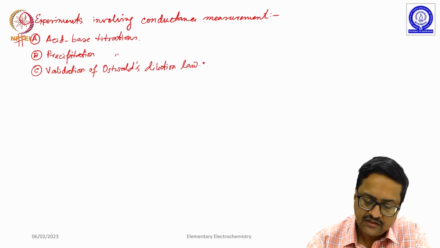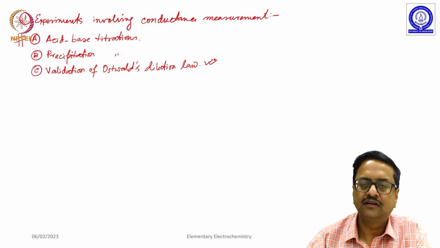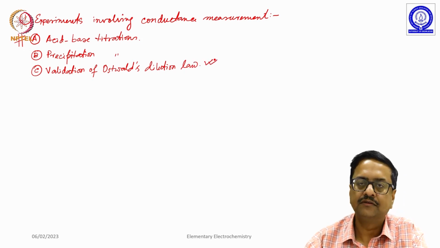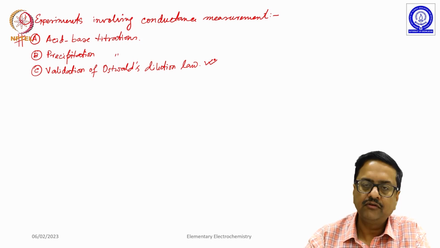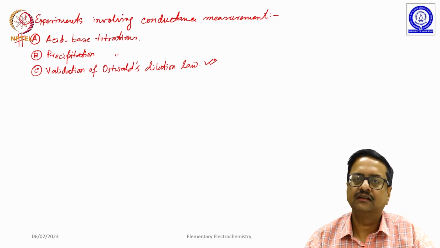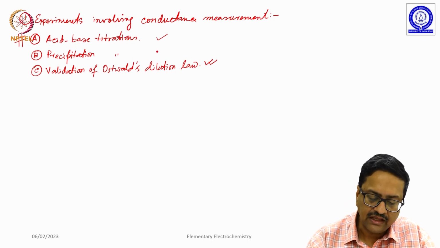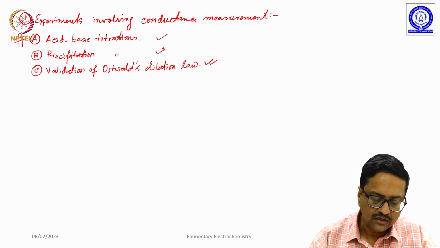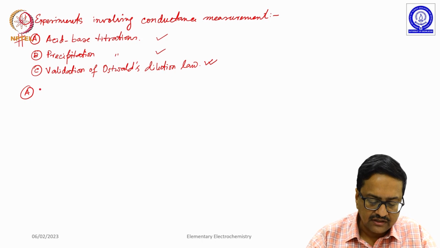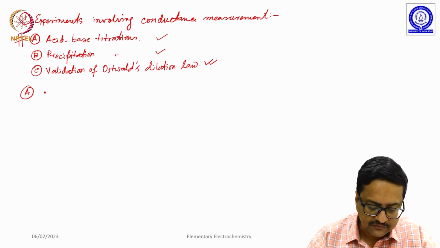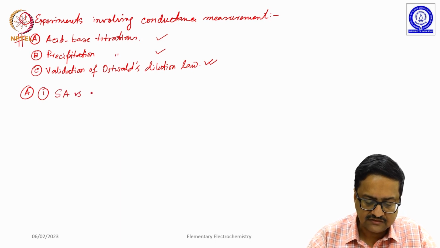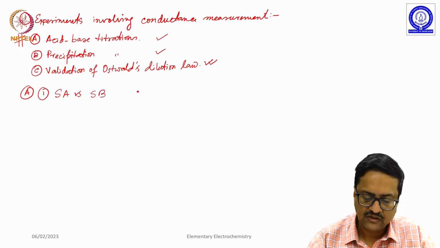We have already discussed this Ostwald dilution law in one of the earlier lectures, so we will not talk about it in this lecture today. We will concentrate on A and B. These acid-base titrations that we are talking about can be of different types. Number 1, strong acid versus strong base.